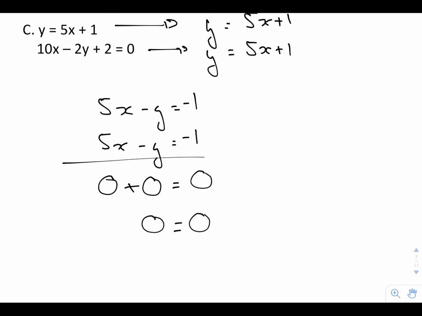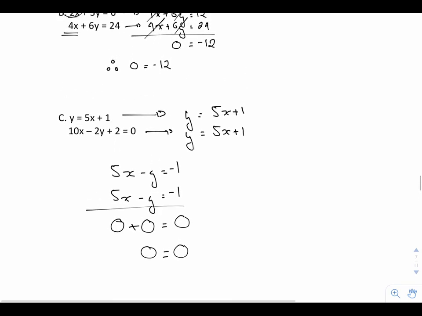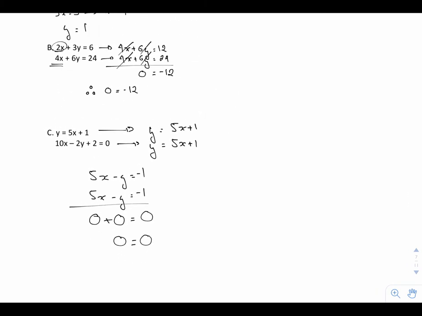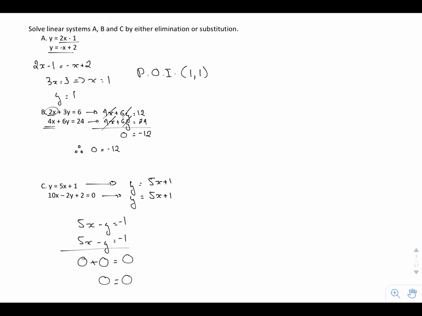I just get 0 equals 0, which is obvious. So it's the exact opposite of the previous scenario where we had 0 equals 12. In this case, we get an identity. We get a number equaling itself, and whenever we get something like that, it just means there are infinitely many solutions.